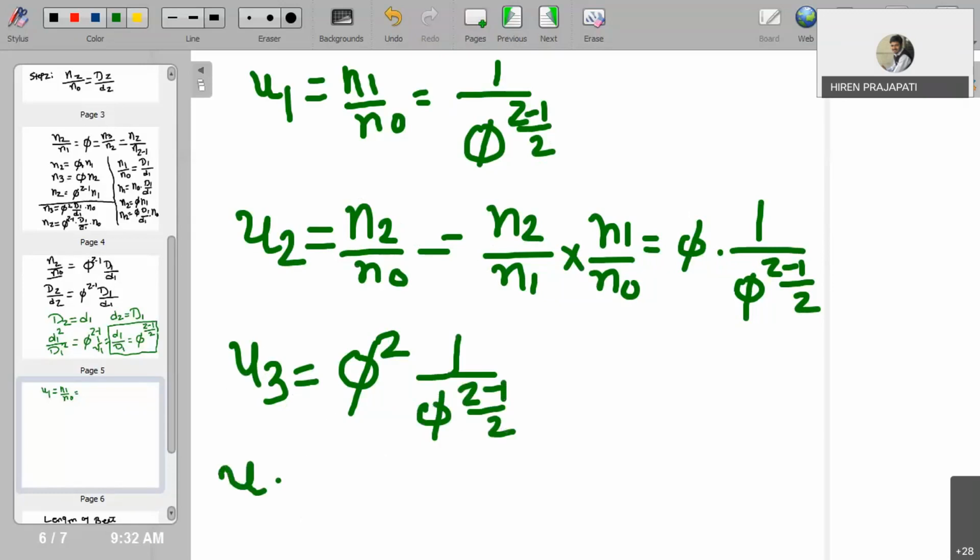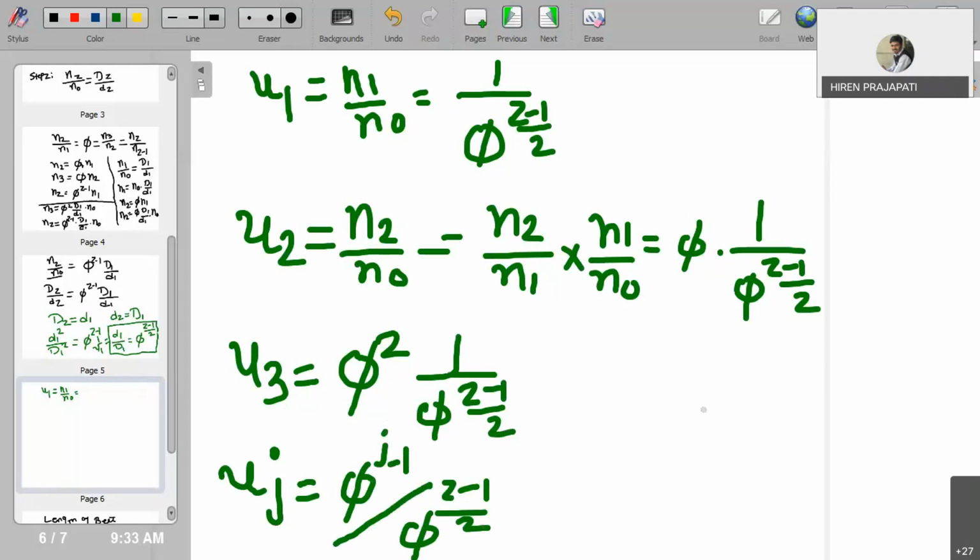Suppose Uj, that is the transmission ratio for a set of pulleys in between pulley 1 and pulley Z. Then I should say phi to the power j minus 1, one power less, divided by phi to the power (z minus 1) by 2, right?